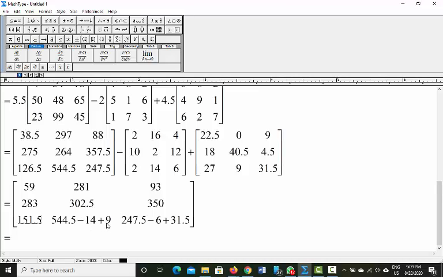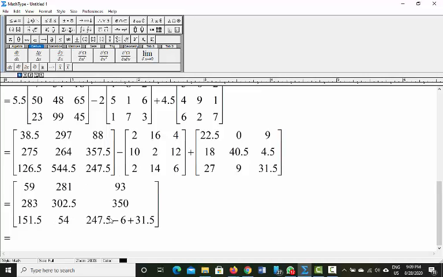So minus 14 plus 9, that is minus 5. If we deduct minus 5 from this one, we will get 39.5.